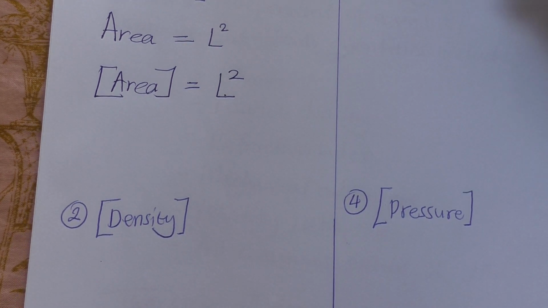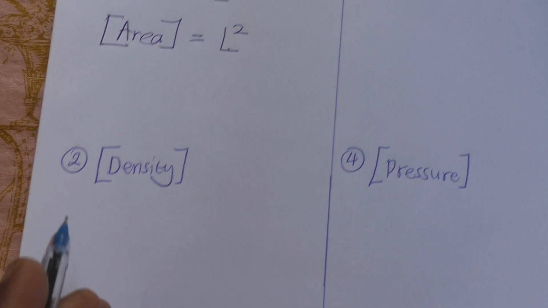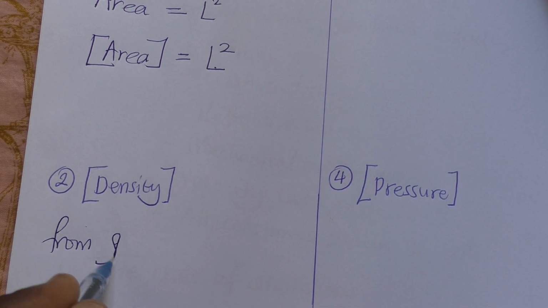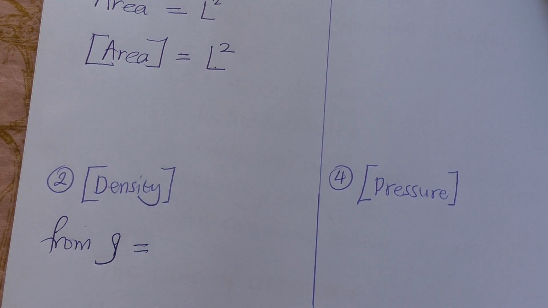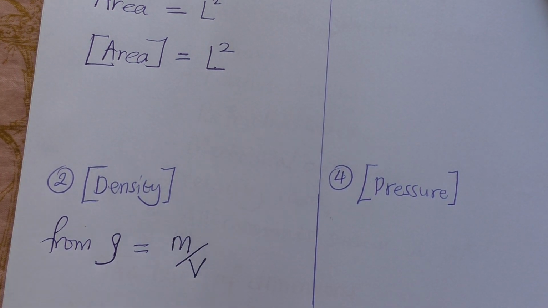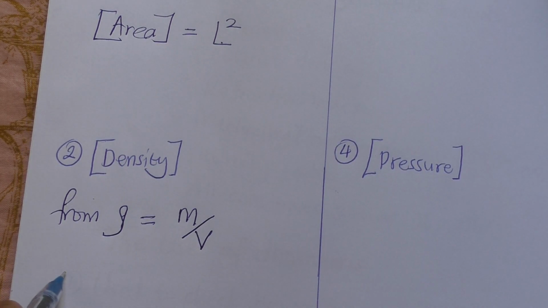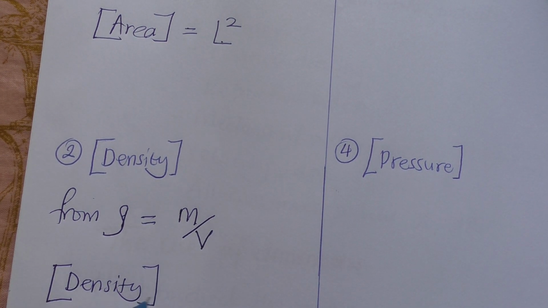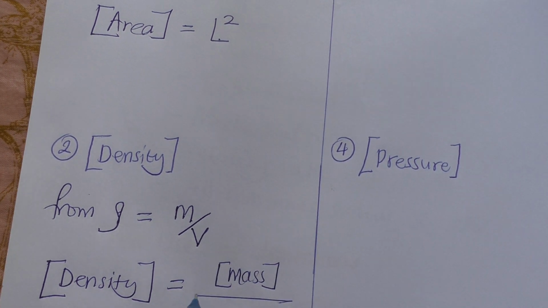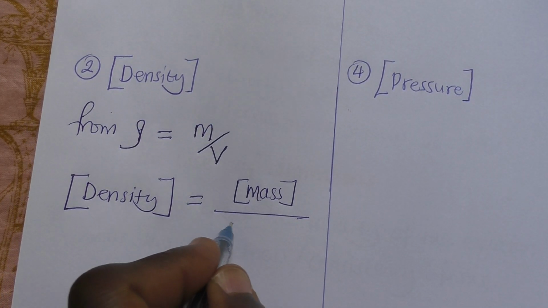Number 2, we are looking at the dimensions of density. We know that density rho is given by mass over volume. So that gives us the dimensions of density as the dimensions of mass over the dimensions of volume.